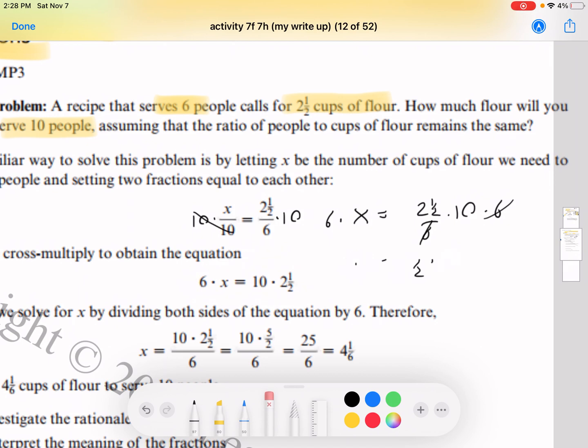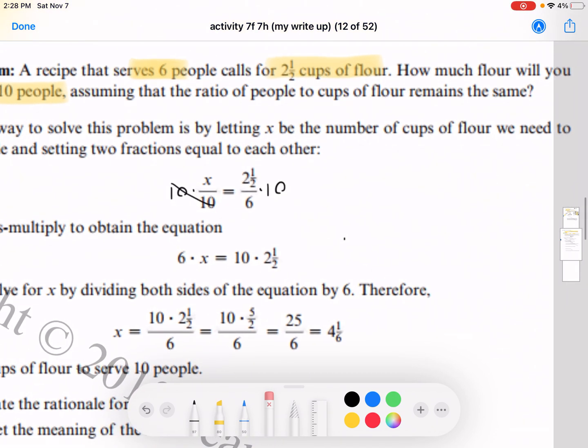So the cross multiplying method. If I do that, multiply exactly what I said, I'm just erasing a few more things. So multiply the 6 over here and the 10 over here. We get 6x equals 10 times 2 1/2.